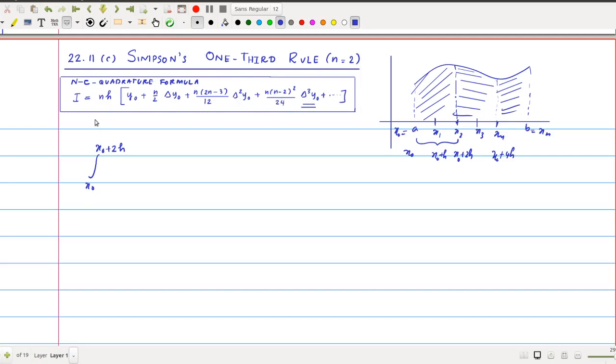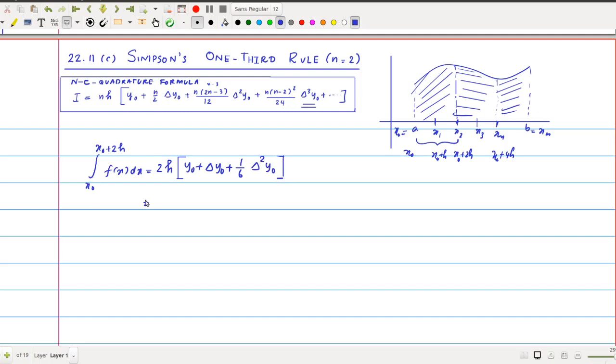By applying this formula to this one, we get the integral of f of x dx, with n equal to 2 here, equal to 2h times y0 plus delta y0 plus, when n is equal to 2, 4 minus 3, that will be 1, and this is 2 again, so 2 by 12, that is 1 by 6, times delta square y0. This will be the value of this integral.